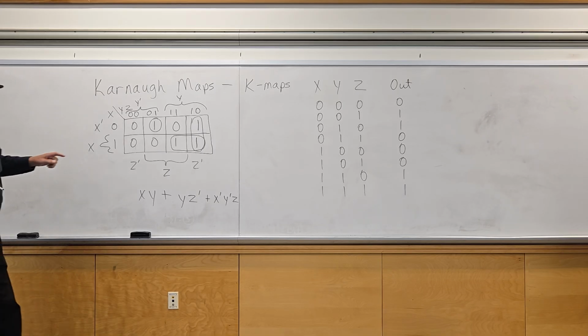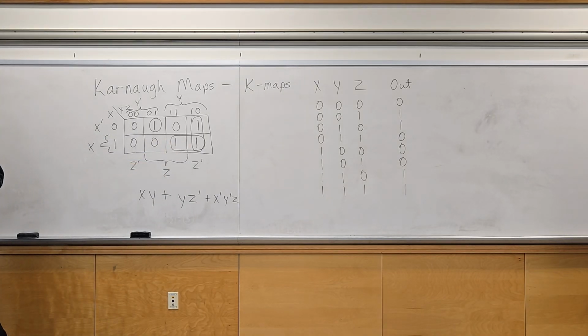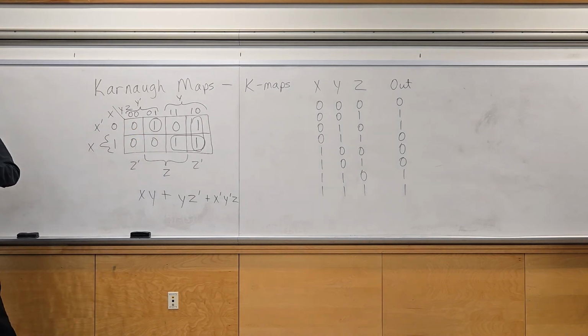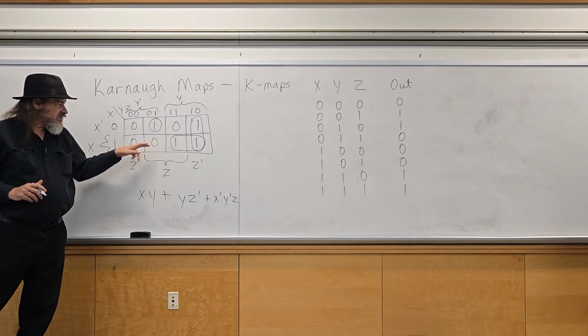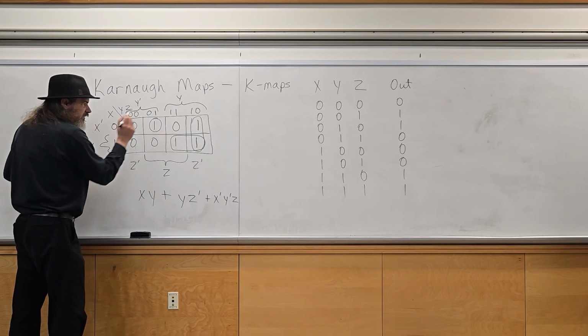With K-maps, you can group ones together in groups of powers of 2. So 1, 2, and on larger maps you can use 4 or 8. And they have to be next to each other. Diagonal doesn't work, so you can't do these 2 together.